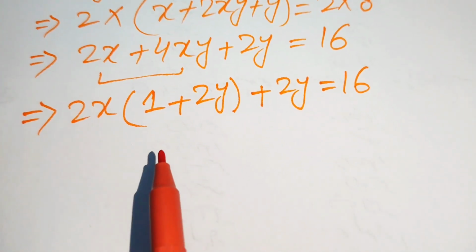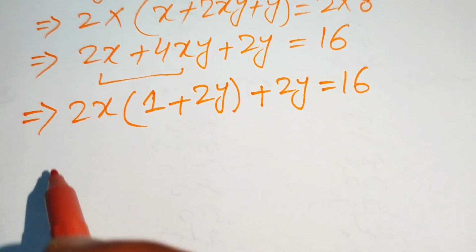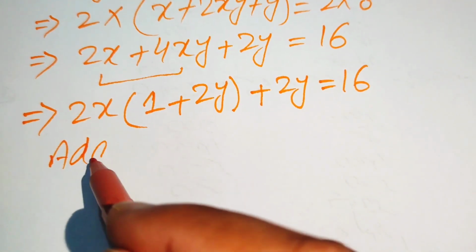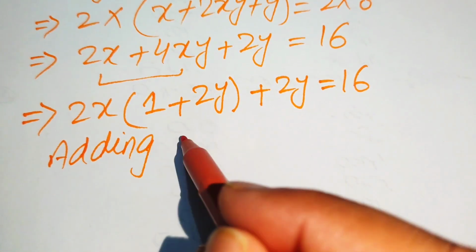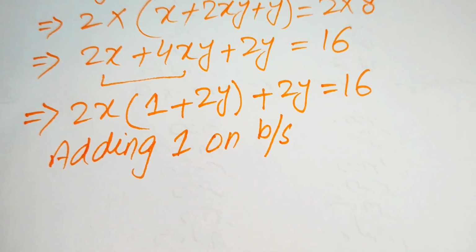In order to simplify more, we need to add 1 on both of the sides.